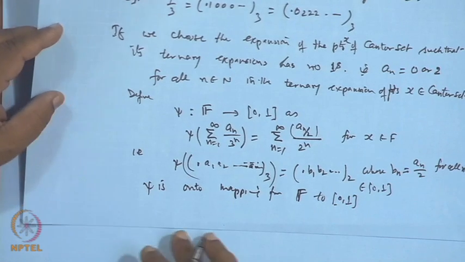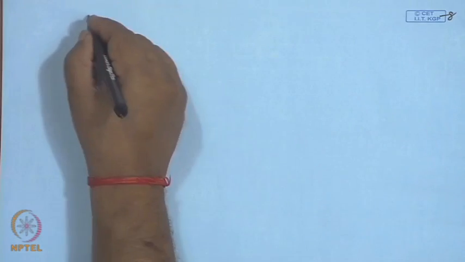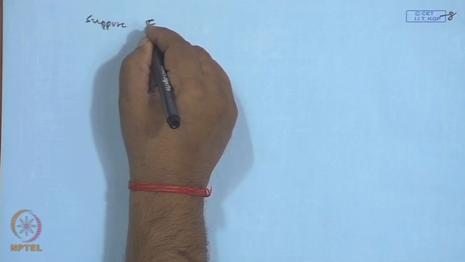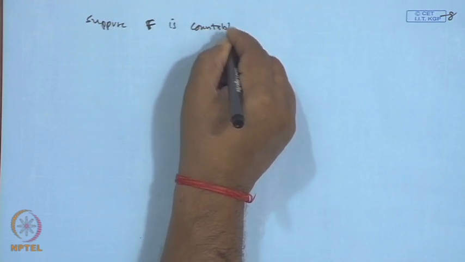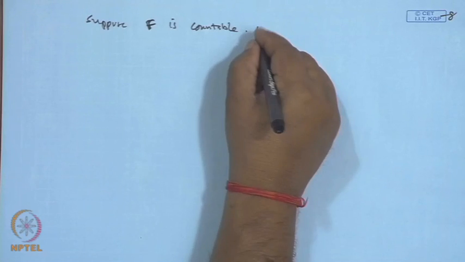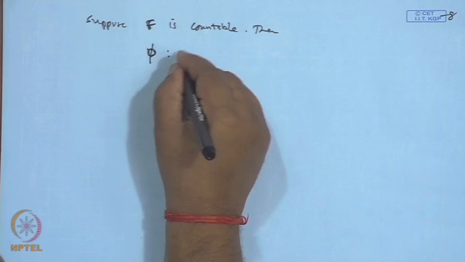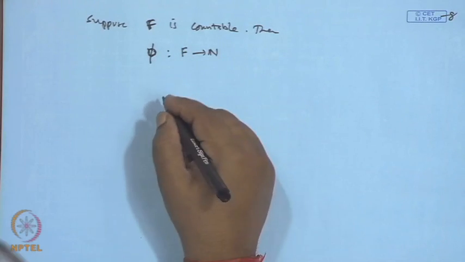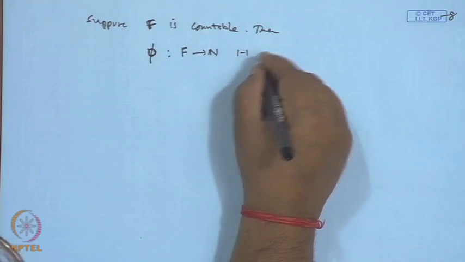Now, let us suppose F is countable. Suppose this Cantor set F is countable. Then there exists a mapping, say phi, from N to F, a 1-1 correspondence, onto.